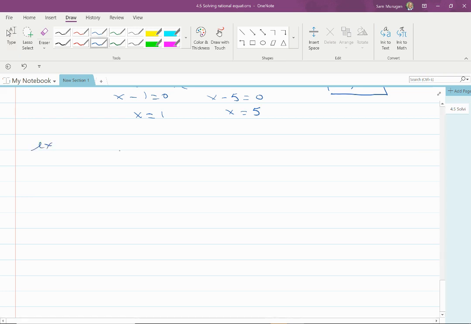Example: x minus 3 over x equals 8 over x plus 3. So the LCD is the product of the denominators here, which is x times x plus 3, and x cannot equal 0 or negative 3.